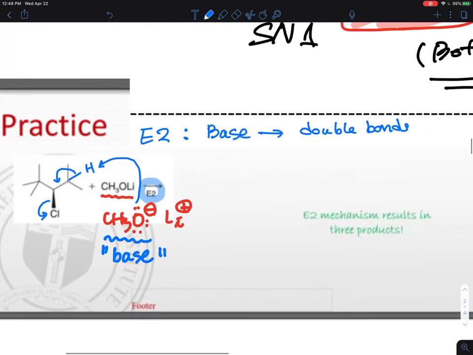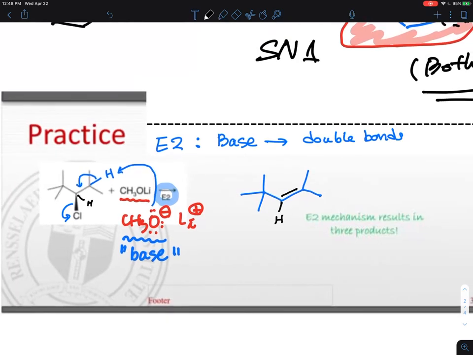As a consequence, I'm going to draw the same structure here, showing essentially the carbon skeletons. What has happened here is that they formed a double bond, and the hydrogen that used to be there, they are still keeping. So this is a double bond formed based on the E2 mechanism.